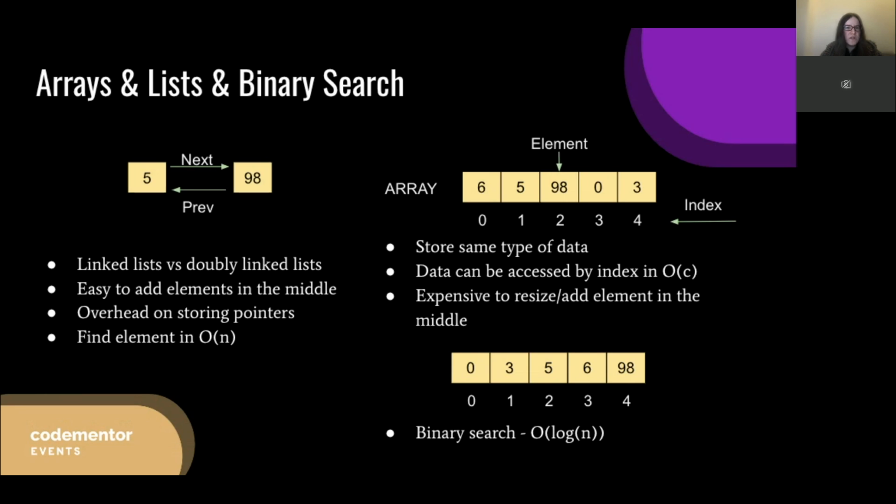What is important to remember is that lists are easy to manipulate and easy to modify. You can add elements in the middle, and it is quite cheap because for a list you just need to change a few pointers to make it work.